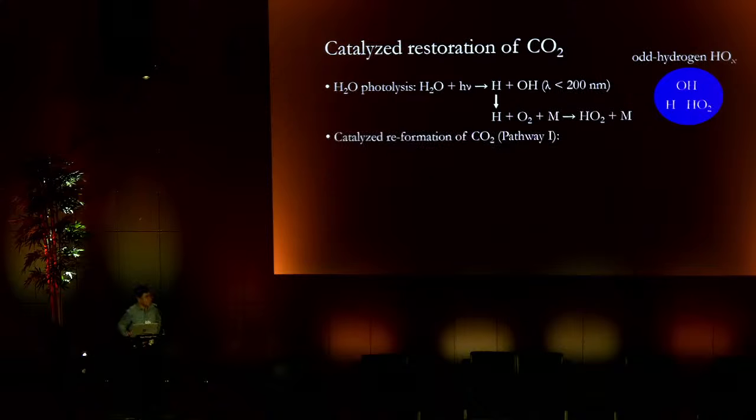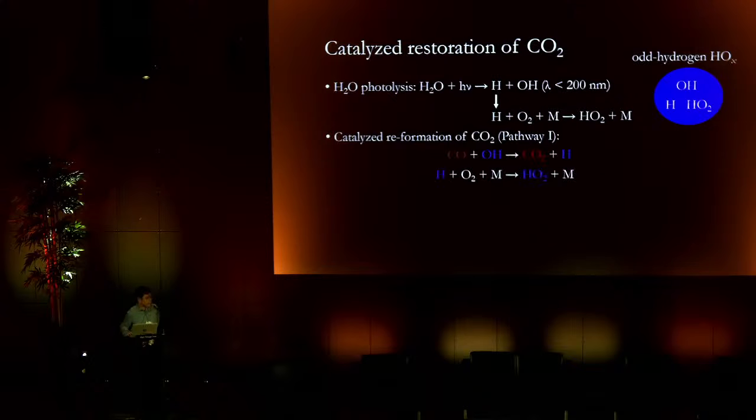So how do they convert CO back to CO2? There is one pathway. CO, instead of being destroyed by O atoms, can be destroyed by OH radicals to form CO2, and H is left behind. Then we need to convert the H back to OH to conserve the quantities of the catalysts.